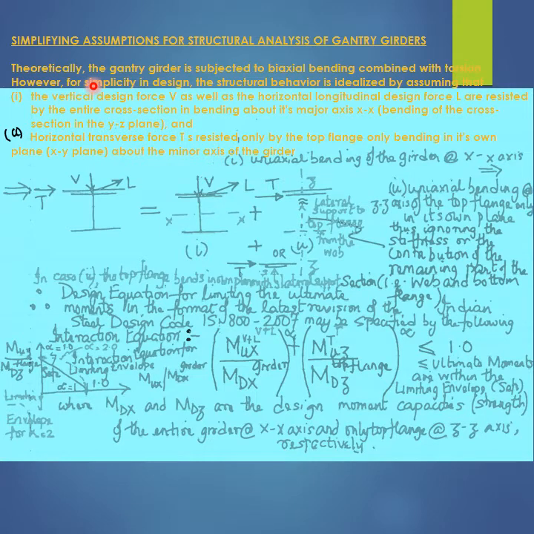Well, recall that theoretically the gantry girder or crane girder is subjected to biaxial bending combined with torsion.